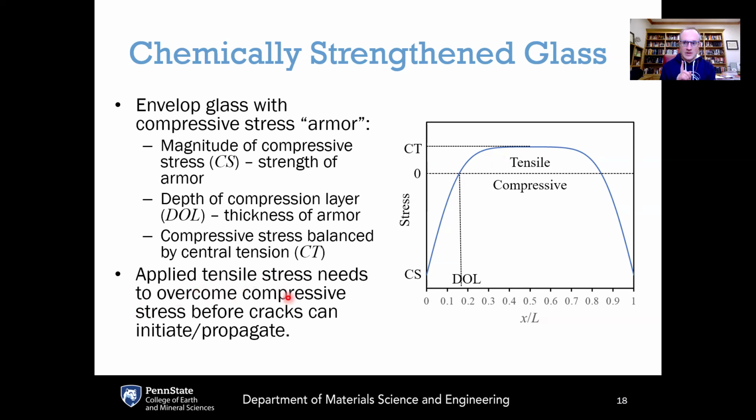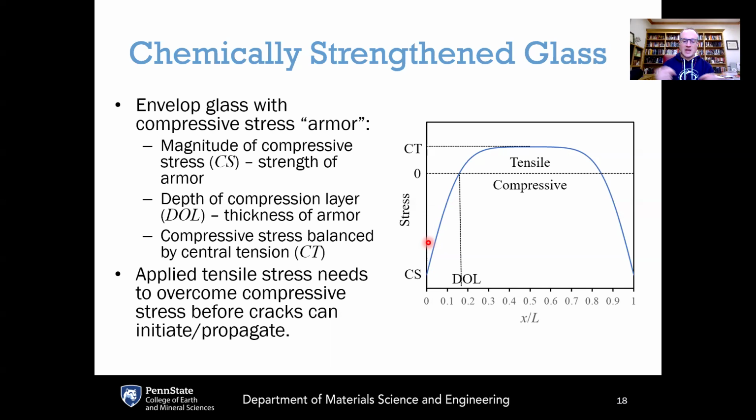Now, the applied tensile stress. In order to break the glass, basically you're safe until the crack penetrates through the compressive layer and into the tensile layer. So if this is the surface of the glass here, the surface has a whole bunch of little flaws on it. And as long as those flaws stay in the compressive region, you're safe, because the flaws want to open up the glass.